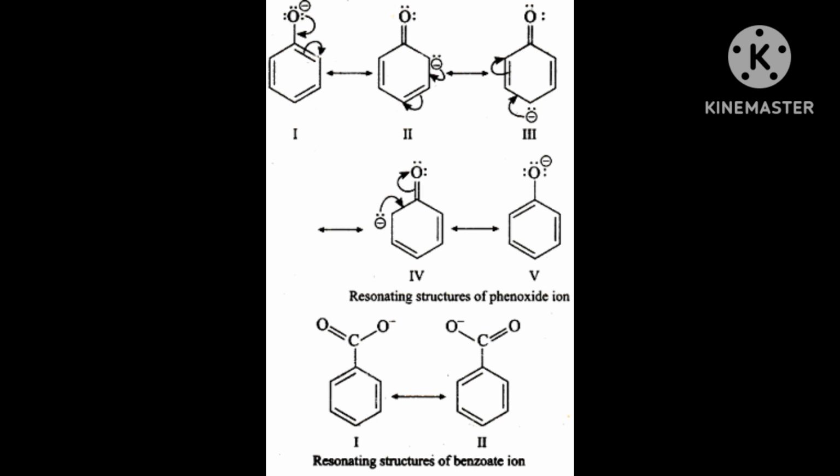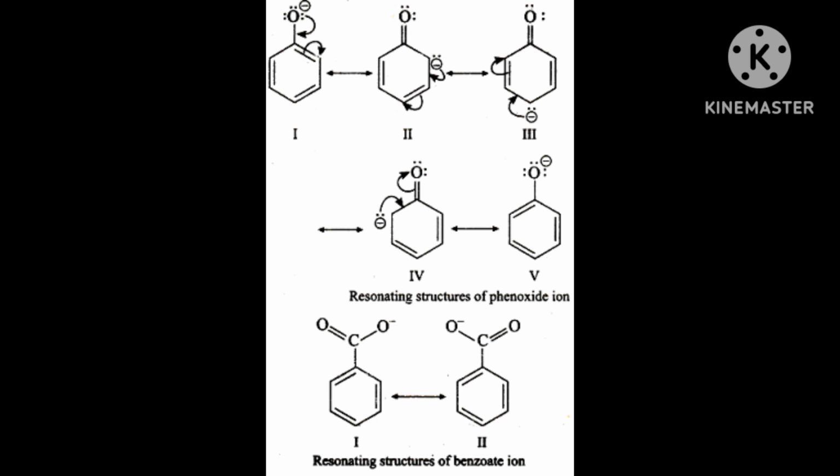The four structures I have told you, so you can understand easily. Now suppose on benzene OH was attached. Now suppose H is not there; H is gone as H plus. Then on oxygen three electron pairs will be there.